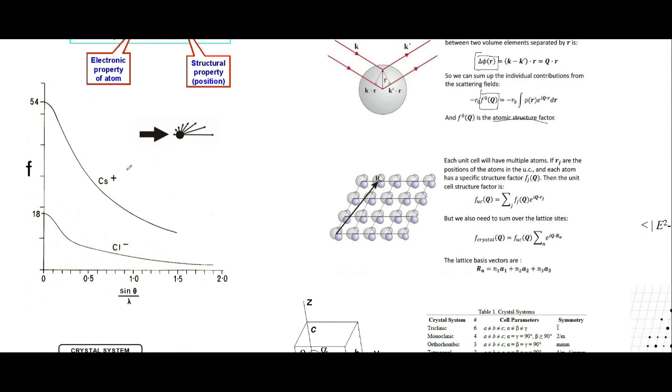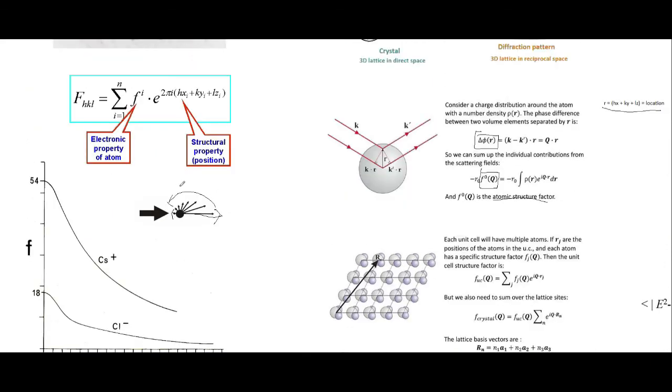electrons in the atom. So if we have something like cesium, which has 54 electrons, then we're going to have this atomic structure factor when we're coming right off of the atom like that. But as we change our angle, the atomic structure factor is going to be reduced until we get back here, where it's 180-degree diffraction off of the atom.